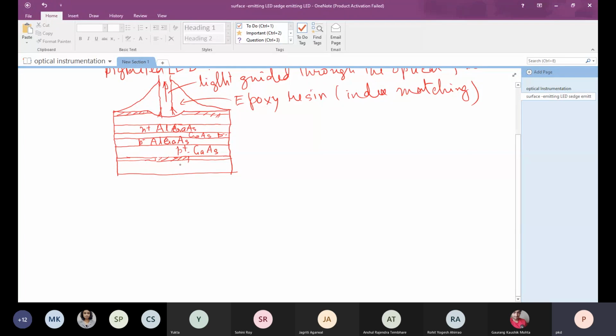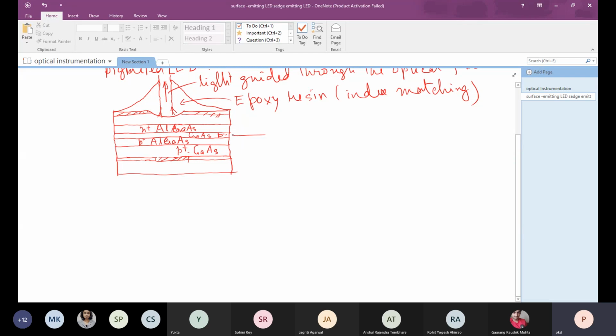So this is a graded architecture where the major source of the positive ions is gallium arsenide, and then that is guided through the aluminum gallium arsenide layer, which has a different band gap energy than the gallium arsenide. Then we have the active layer.